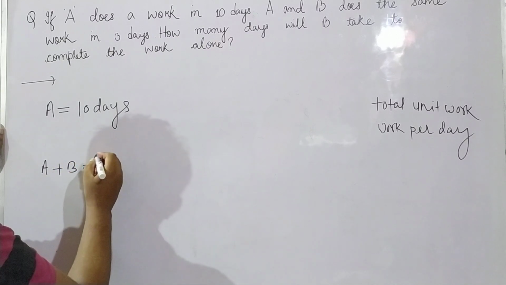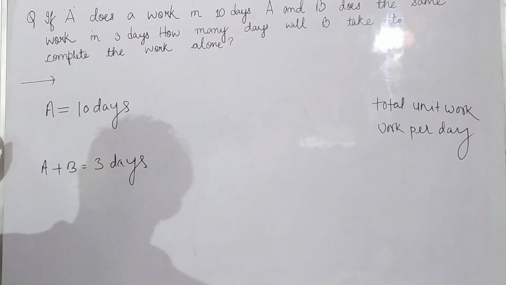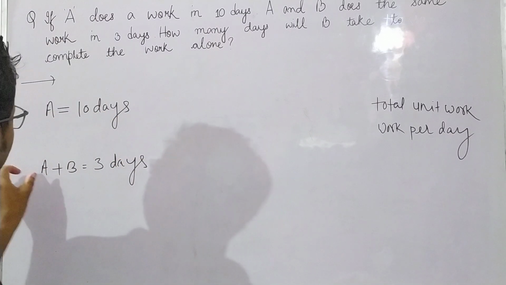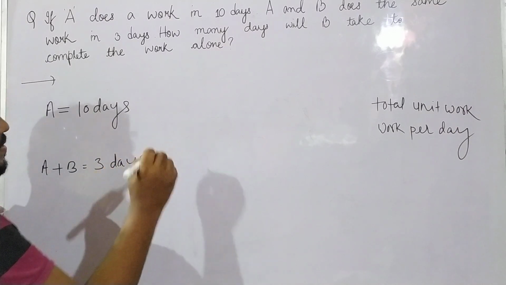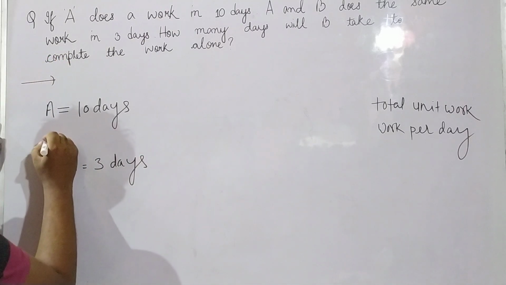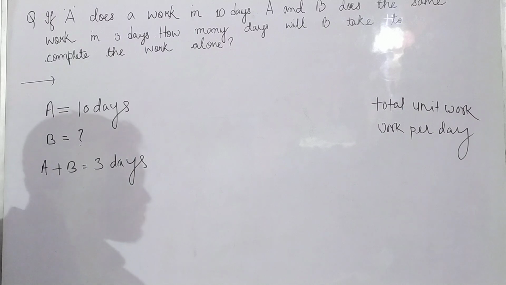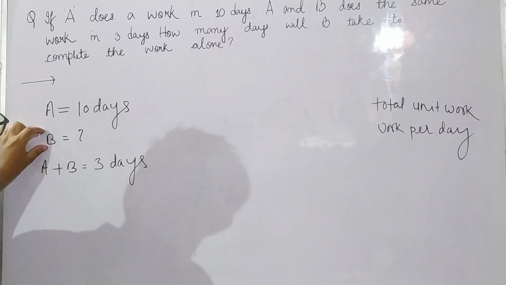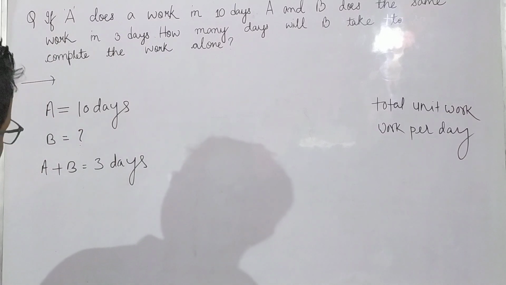A does the work in 10 days, A and B together do the same work in 3 days. Then how many days will be taken by B to complete the same work?